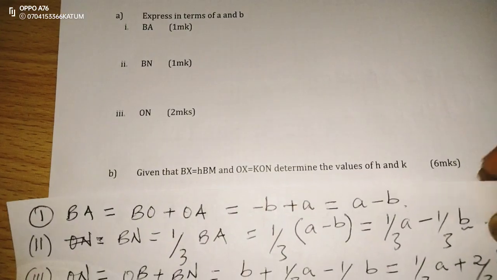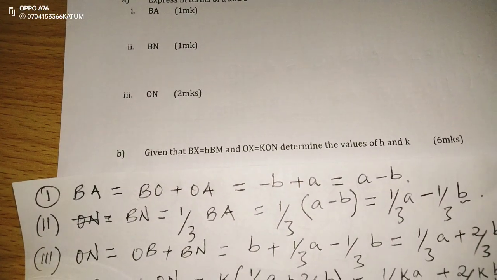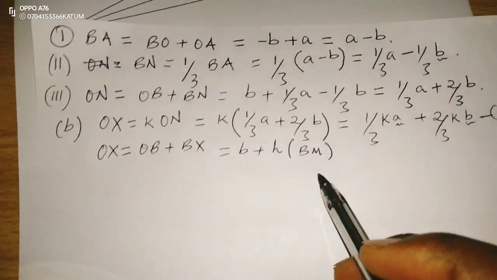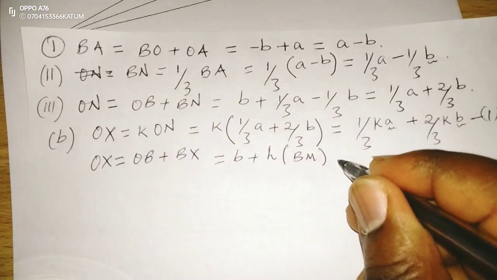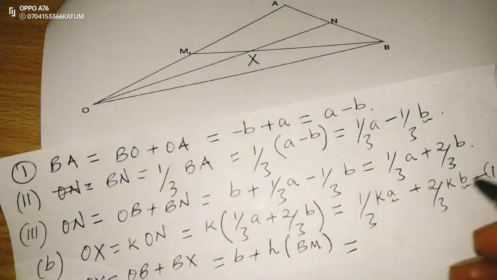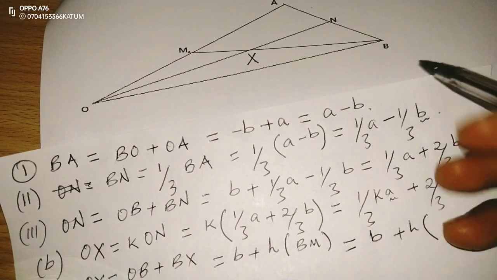Now in our expression here, BX equals H BM. So this means we need to get what BM is in this case. Therefore, vector BM is going to be, so we express again B plus H. Vector BM now.